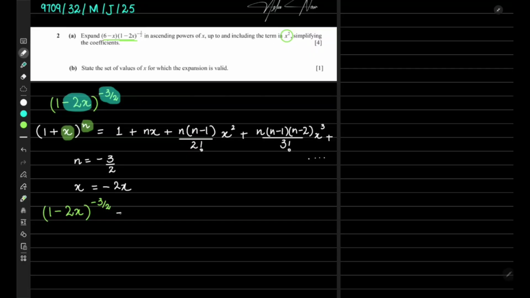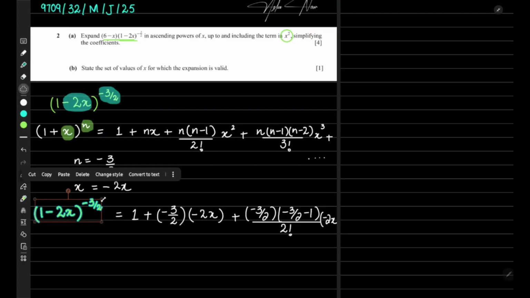So it will be 1 plus n, that is minus 3 over 2, times x, where x is minus 2x, plus n times (n minus 1), that is minus 3 over 2 times (minus 3 over 2 minus 1), over 2 factorial, and (minus 2x) to the power 2.